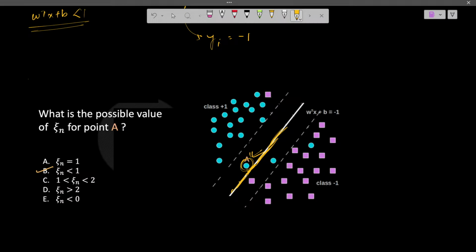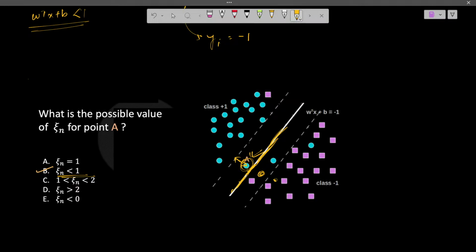He is on the other side of the border, but he is not in his home. So that's why we can say that this slack is basically less than 1, right? As this thing is not crossing the enemy territory. If it was in here, this would be greater than 1, right?